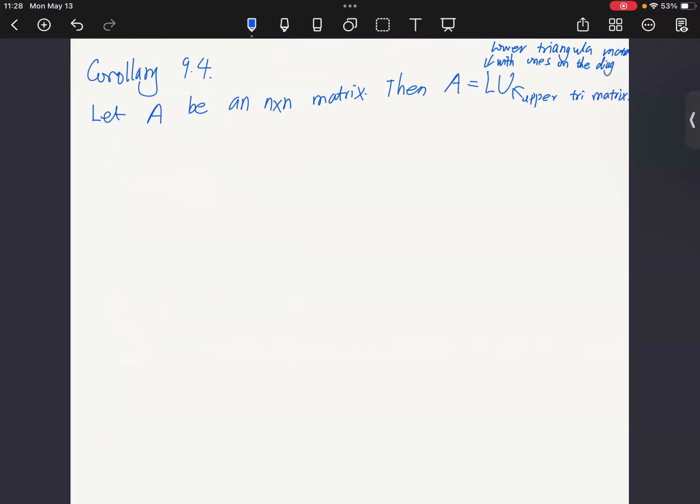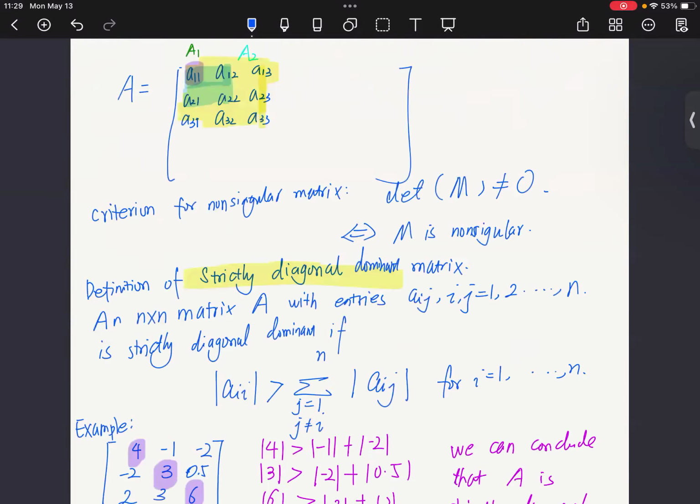And this is how we calculated L before. So then A has the LU factorization if either of these two situations is satisfied. So if either of these two situations is satisfied, then we have the LU factorization. These are two special situations in the theorem.